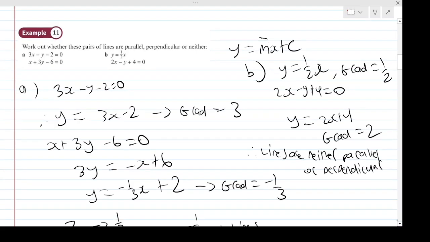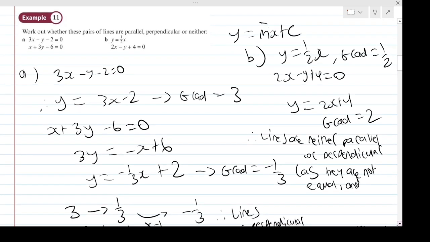I guess as a justification you could say as they are not equal, which means they're not parallel, and if you times them together, their product, 2 times a half is equal to positive 1, which isn't minus 1.